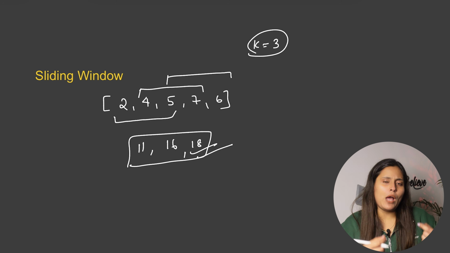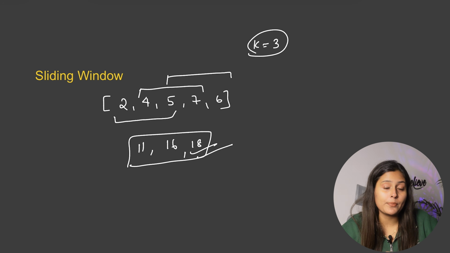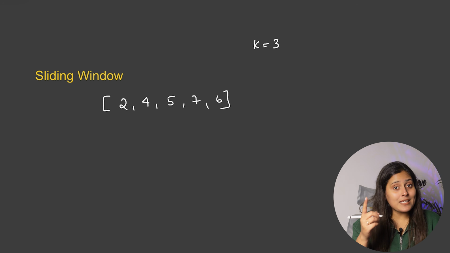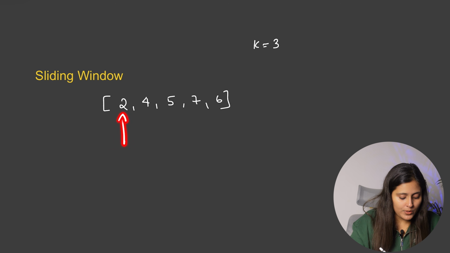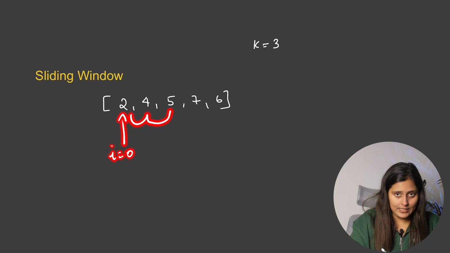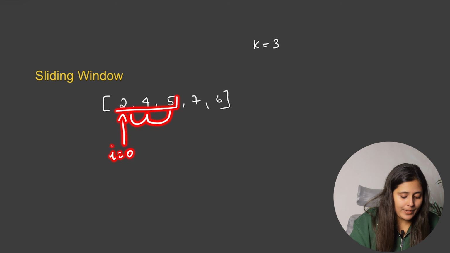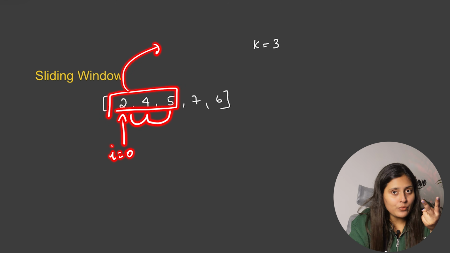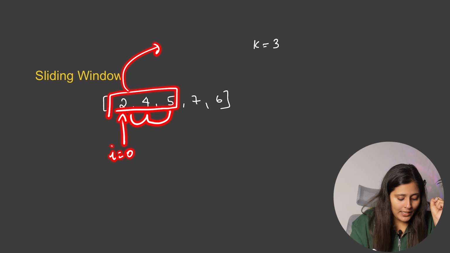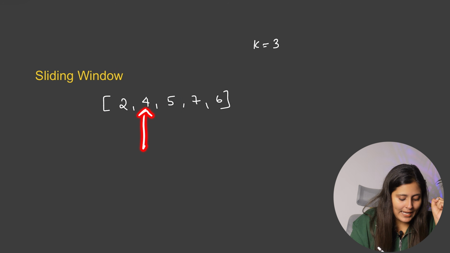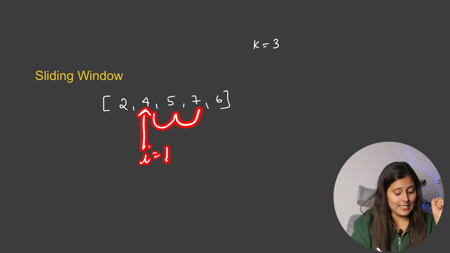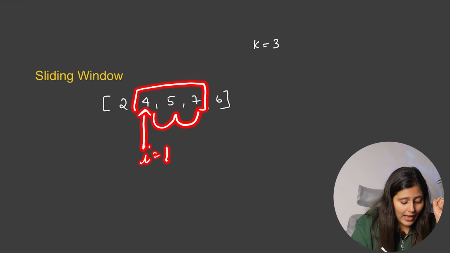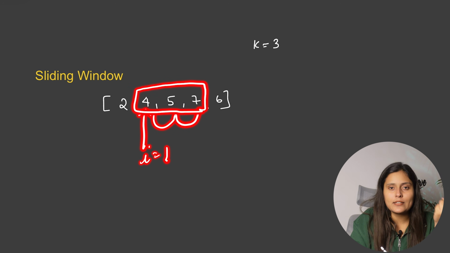If you have to solve this with a brute force approach, how would you do it? You will start your one pointer at i equal to 0 and keep moving till size 3, adding in a summation and storing it in some resultant array. For the second window, you will move your i pointer to i equal to 1 and again move for size 3, add all these values and put them in the resultant array.